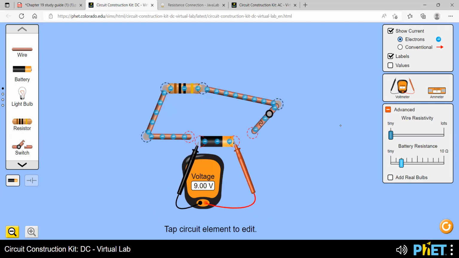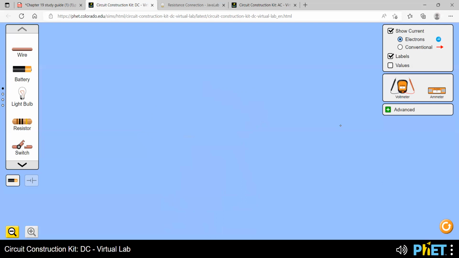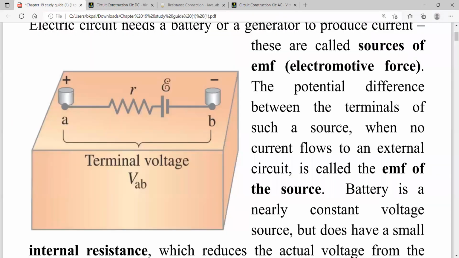Because here we consider the battery's internal resistance, when the battery is not connected to the external circuit, it's still showing 9 volt. But when it is connected to the external circuit, you see that it becomes 7.5 volt. All right, so now let's go back to here.